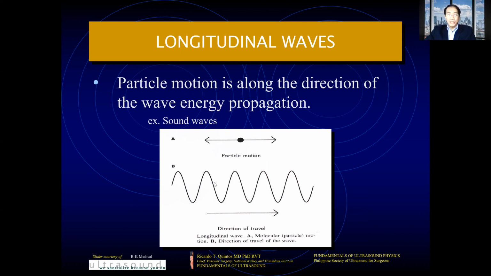The energy propagation moves from left to right, and the particle motion also moves from left to right. That is what is called longitudinal waves. And that is an example of how sound waves are propagated.